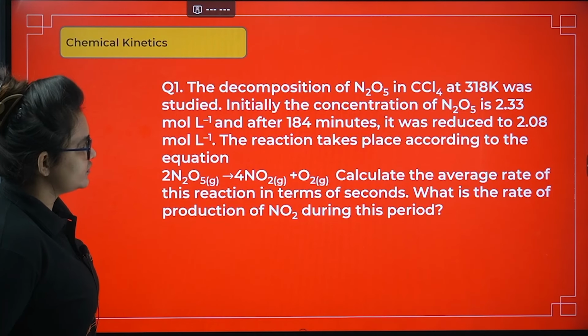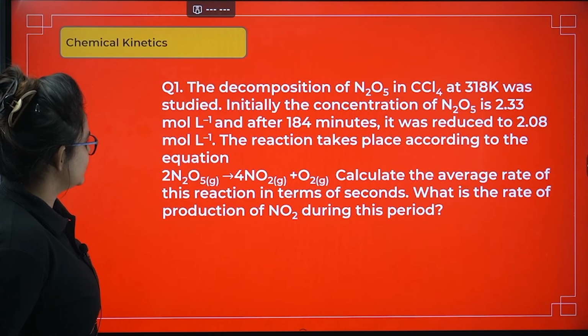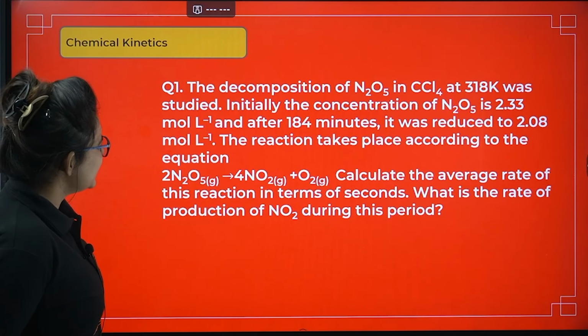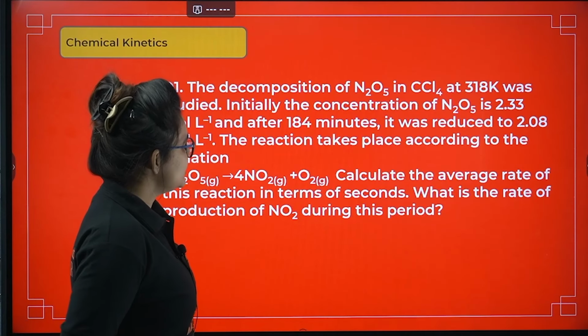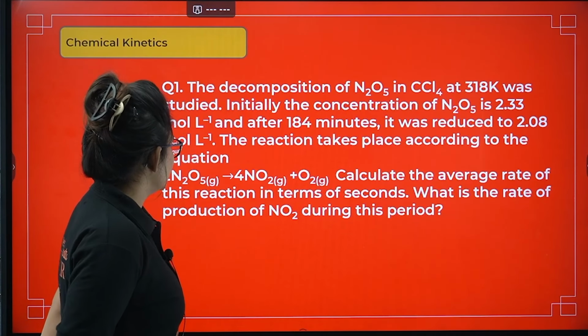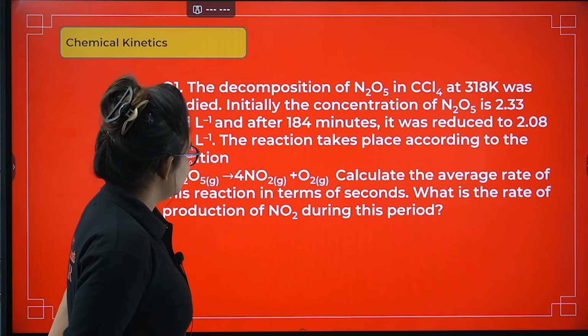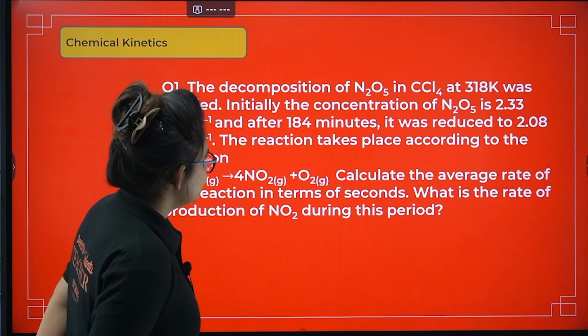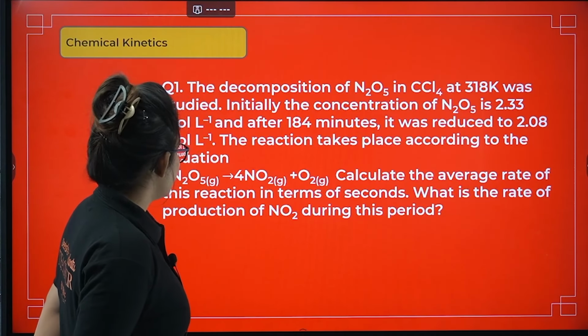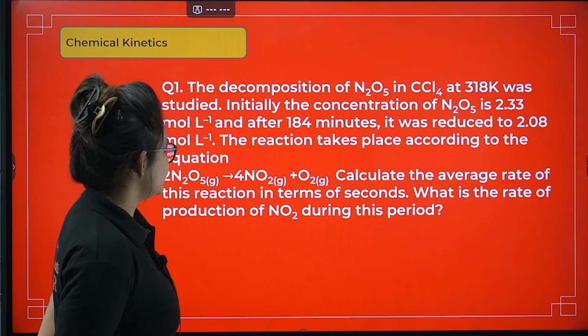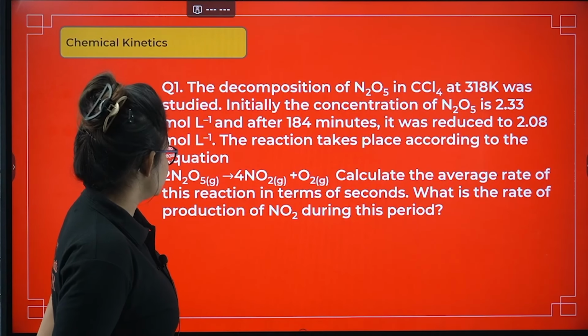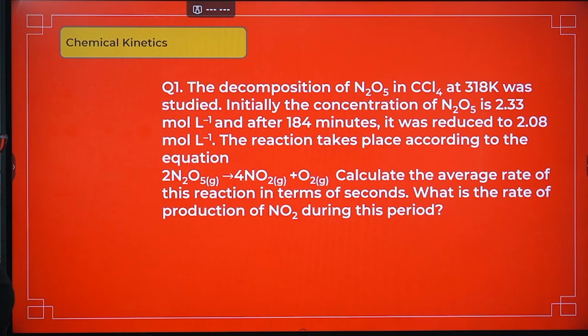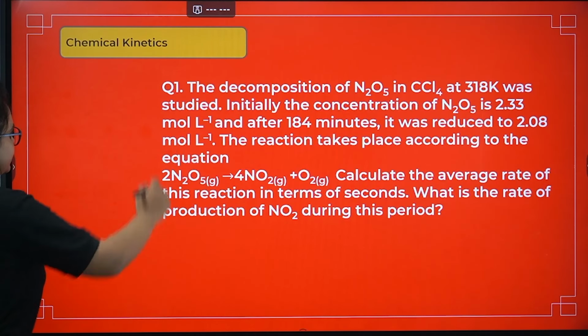Initially the concentration of N2O5 is 2.33 mole per liter, and after 184 minutes it was reduced to 2.08 mole per liter. The reaction takes place according to the equation. Calculate the average rate of this reaction in terms of second. What is the rate of production of NO2 during this period? Let's do it.